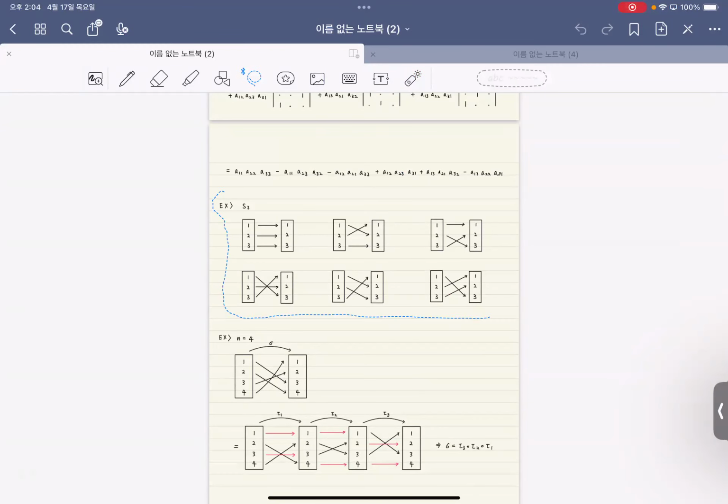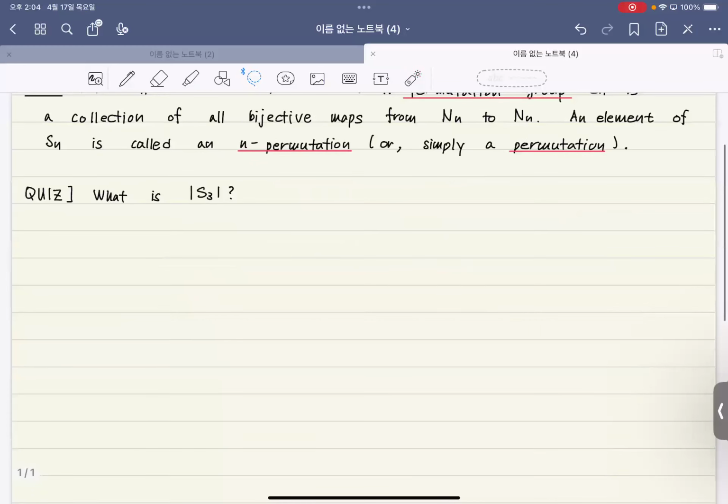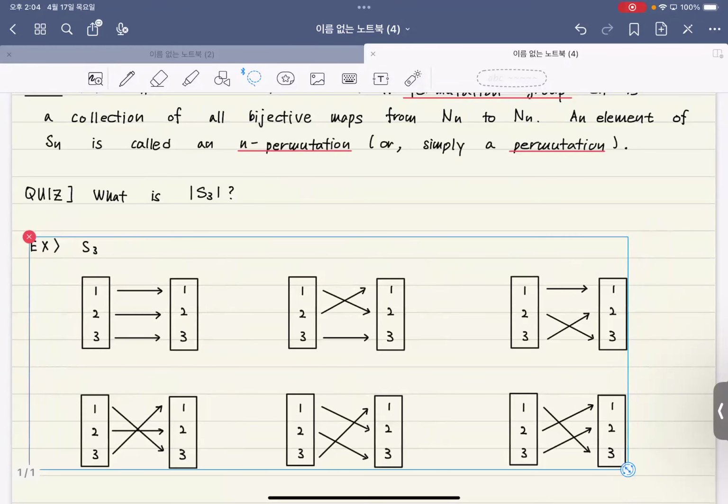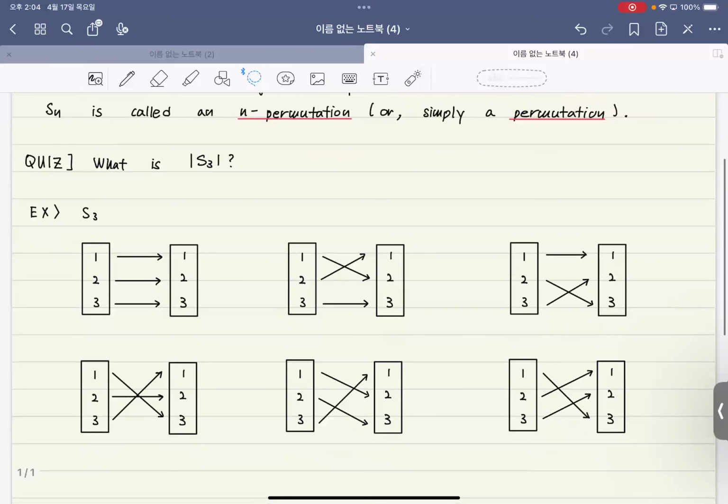I have prepared a small cartoonish picture for S_3. I have these 6 functions, and they make up S_3. The first one is obviously the identity map.